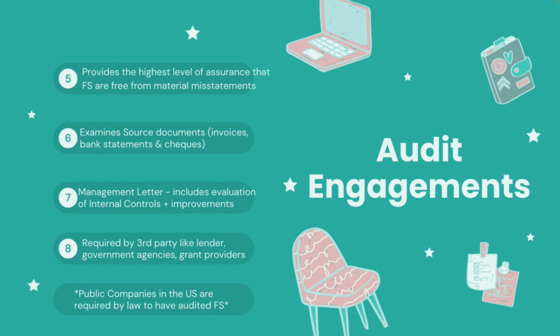And really, as we said before, you got the compilation engagement to comply with government agencies, and then you had the review engagement to provide some level of assurance to basic third-party stuff. And now you've got the audit engagement, which is kind of these 2 things combined, but the third parties can be much more extensive.